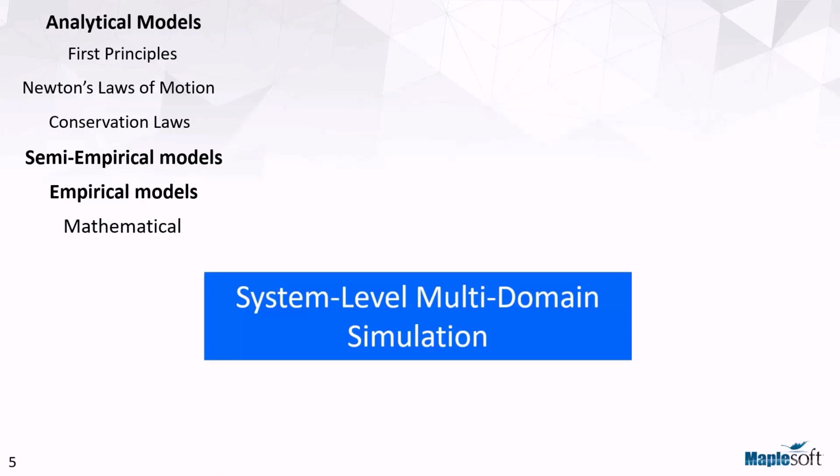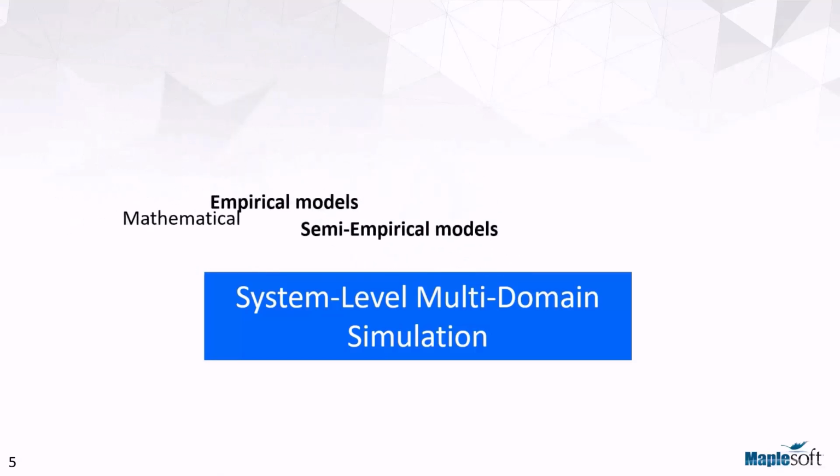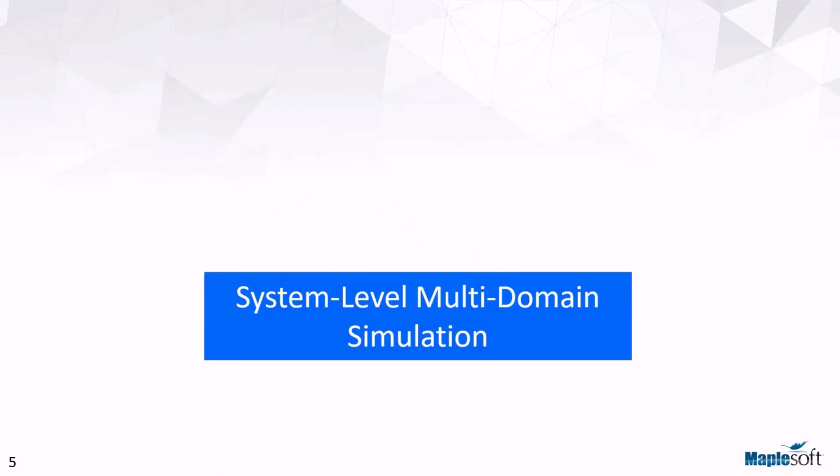It could also include semi-empirical models and also empirical models, which we can include in a broader simulation. In addition to that, we use mathematical pieces as well, such as filters or gains or feedbacks. So all of them together are the parts that build up our approach to system level multi-domain simulation.